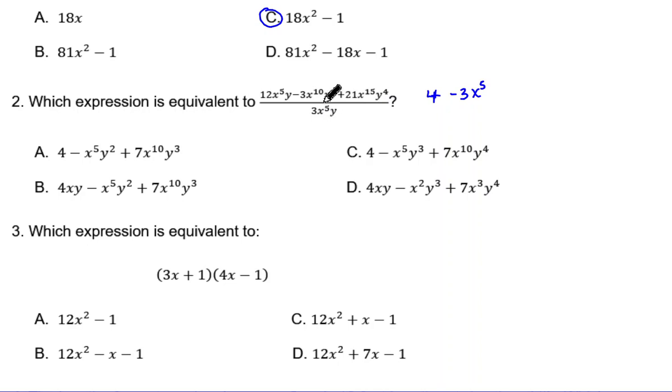If I take out a y here, take out a y here, I have y squared. And then now you just go to the last term. 21 divided by 3 is 7. So positive 7. Take out a 5, take out the 5. So that's x to the 5th power. And then y to the 4th, take out a y, take out a y. So that's y to the 3rd power. Okay? And looks like it's A.